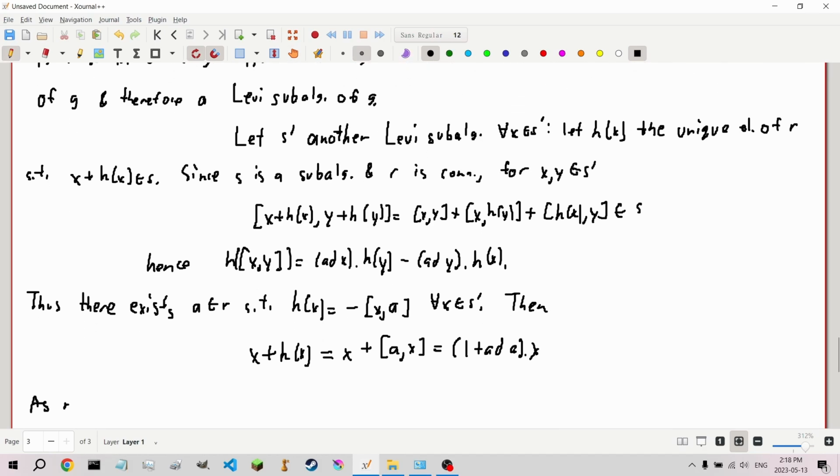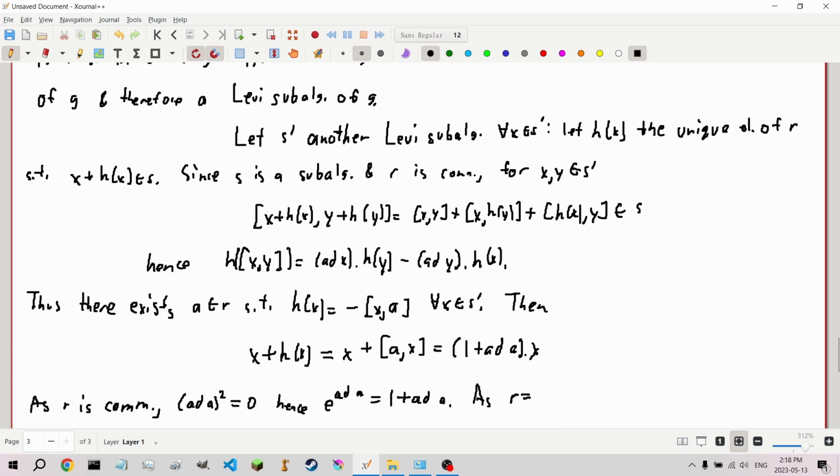As R is commutative, the square of the adjoint of A is just going to be 0. Hence, e to the adjoint of A is just this 1 plus the adjoint of A we have above.